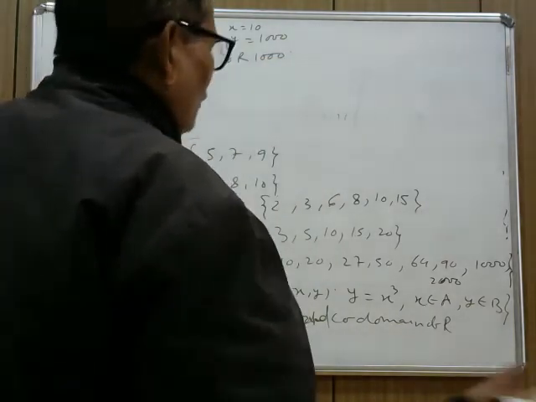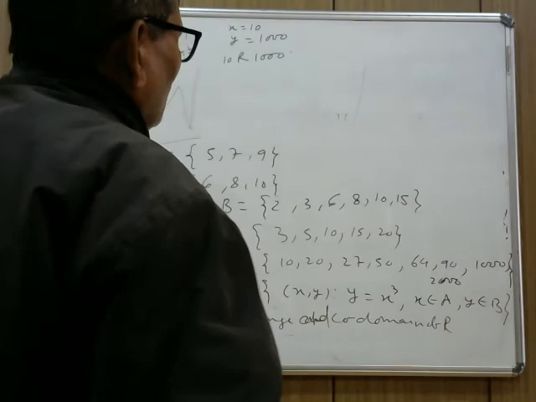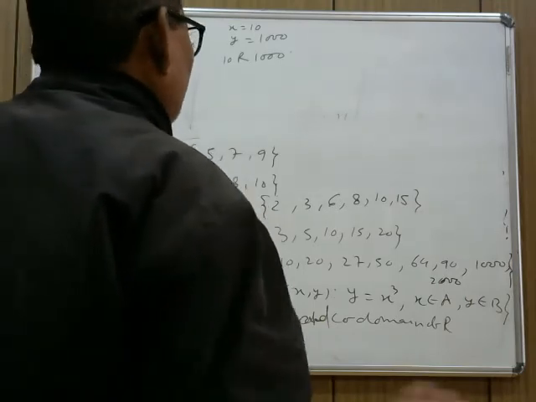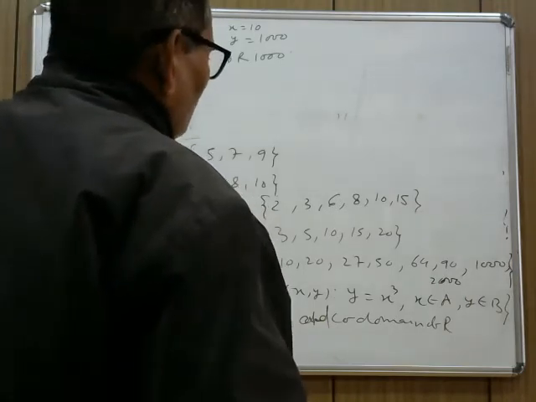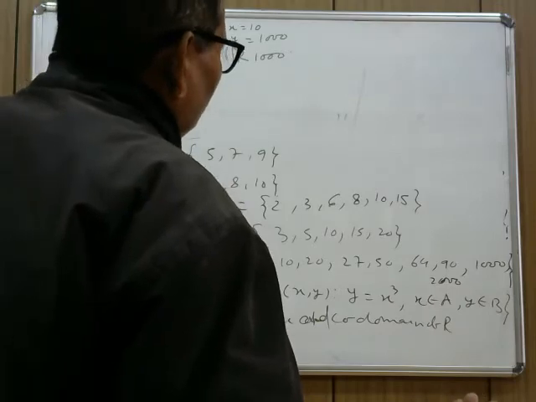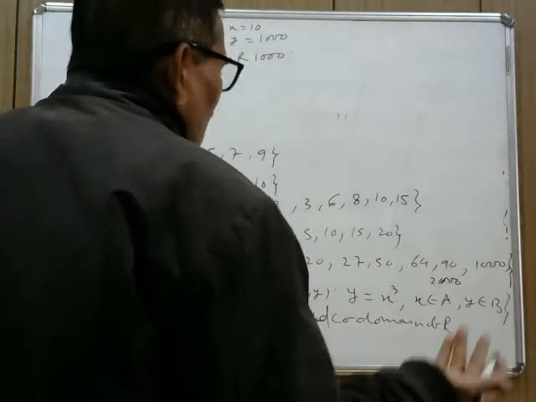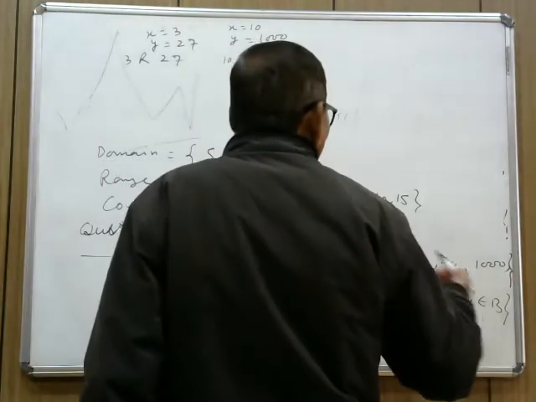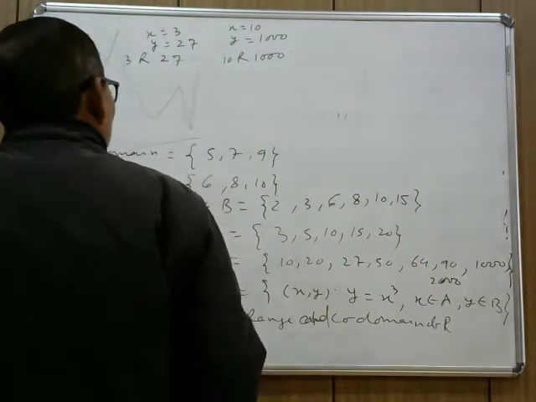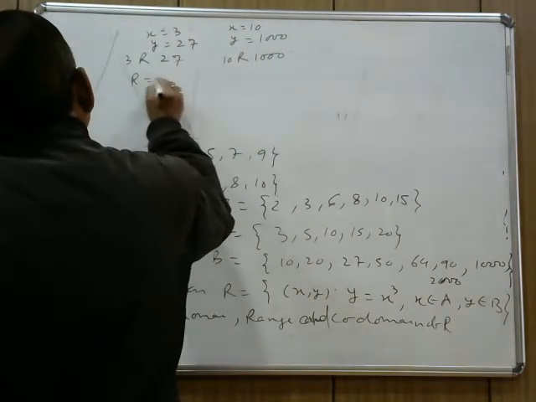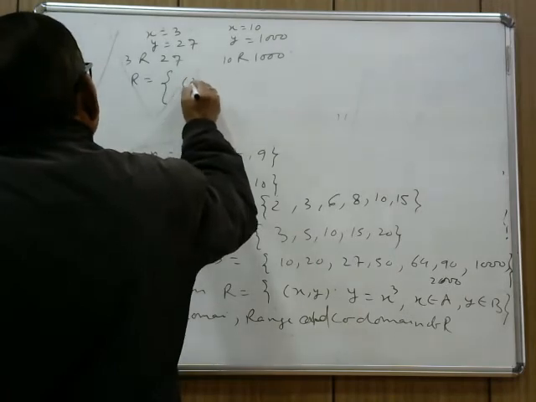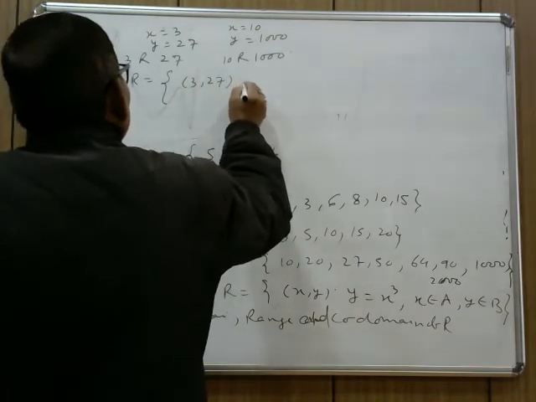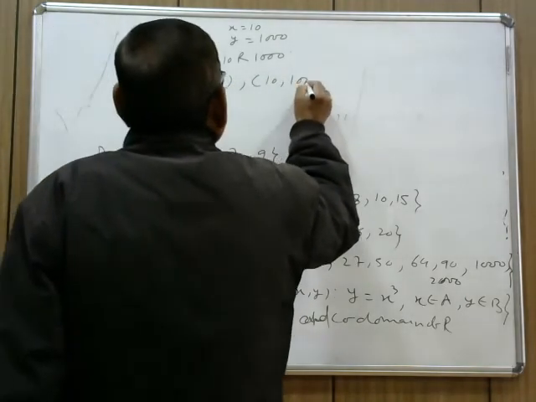When you go to 2000, 2000 is not the cube of any number of the set A, because 20 cube is 8000, and 8000 is not there. So the members of relation R are written as (3, 27) and (10, 1000).